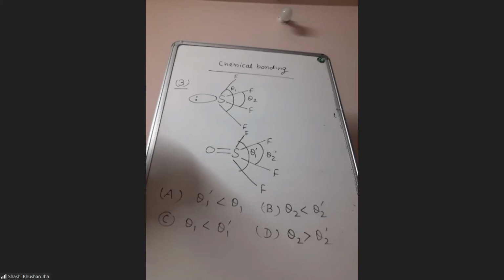The correct answers are A and B. If you can think some better logic then think. I will give you 1-2 minutes more time. After that, I will explain. Answers are A and B.